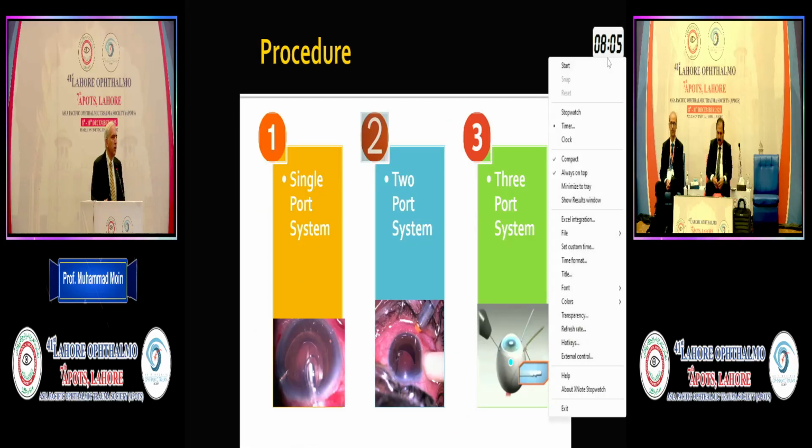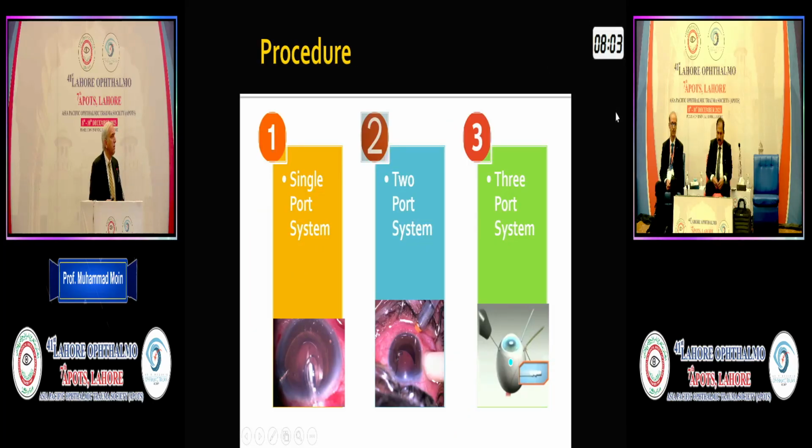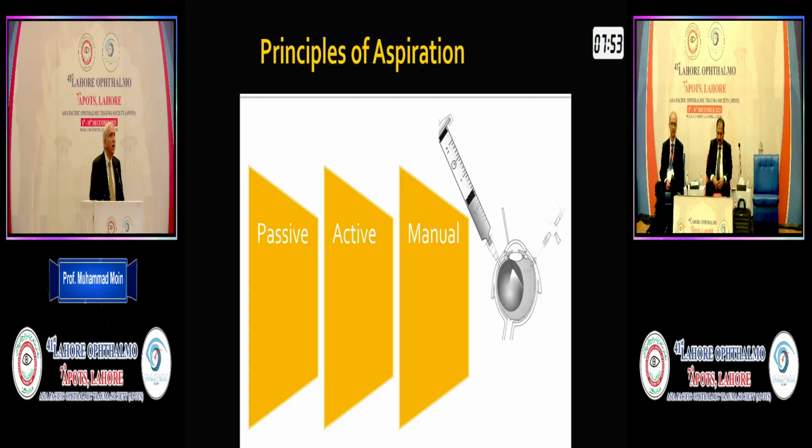Oil removal can be done through a single port, which I will show you later on. You can have a 2-port system, or a 3-port system for the removal of oil. The removal can be passive aspiration, or active aspiration, meaning that you have a vacuum pulling the oil.